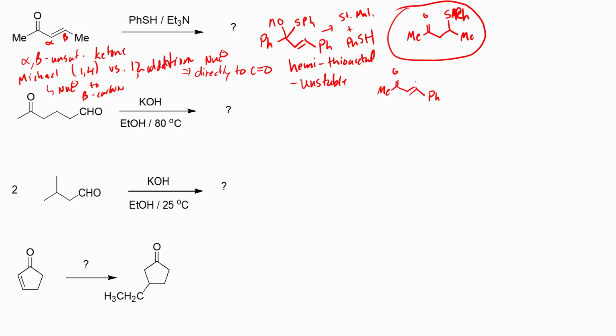So why is the beta position a place where we can add something? All right, so the partial plus is there. S minus adds to give us the enolate. So we still have an O minus species coming out of this.